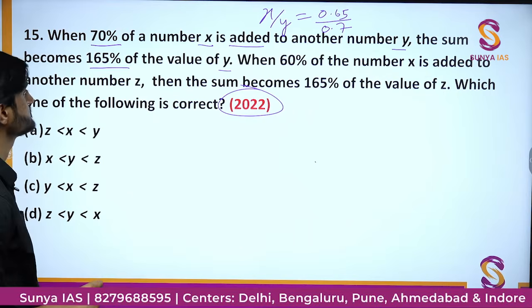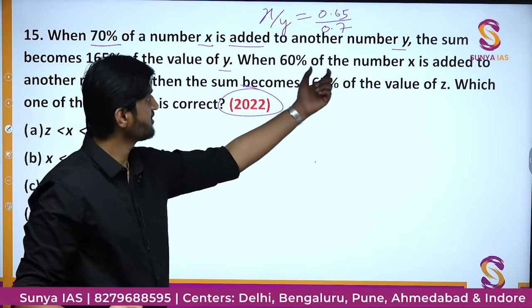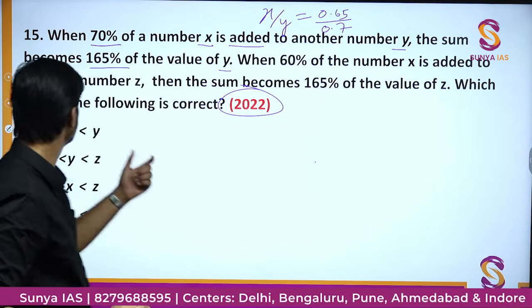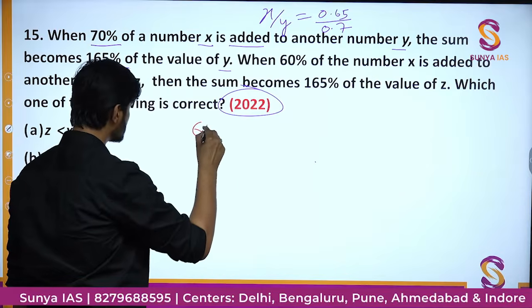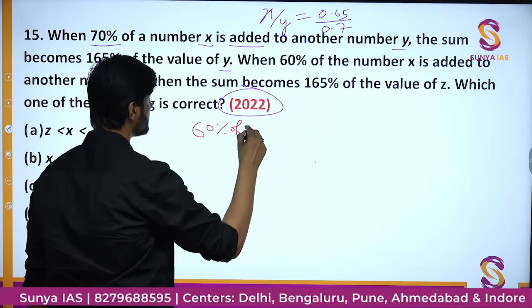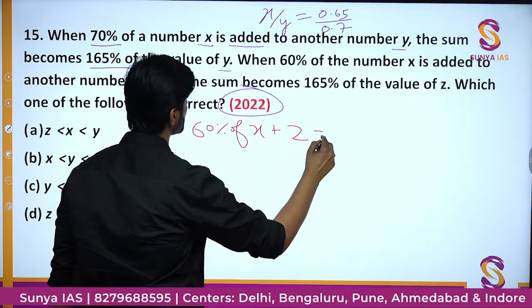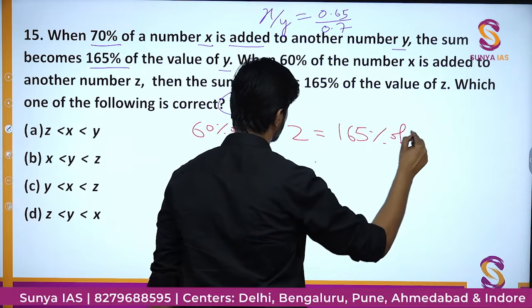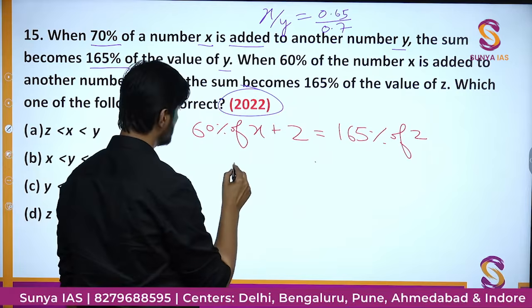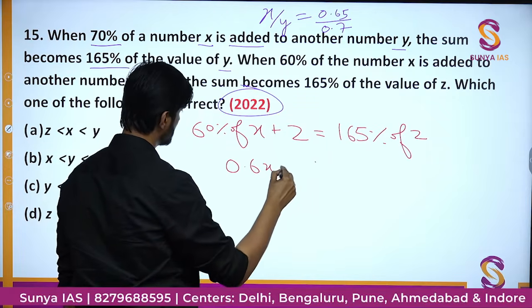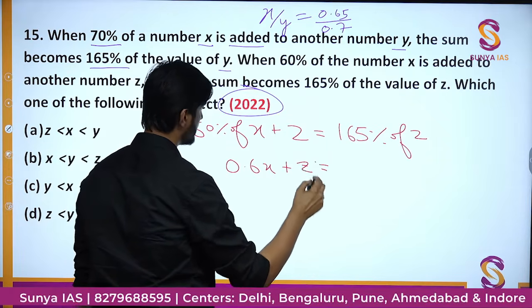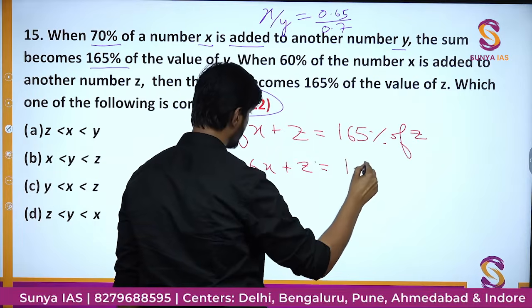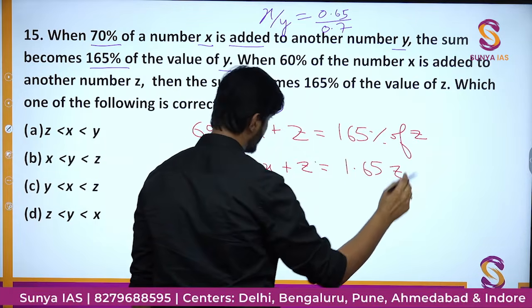So here, 60% of a number x is added to another number z. So now we are adding 60% of x to z and the sum becomes 165% of z. So here again we have the equation 0.6x plus z is equal to 1.65 times z.